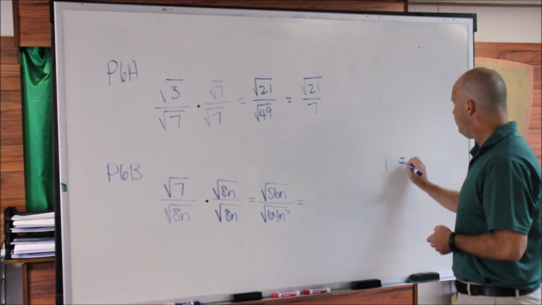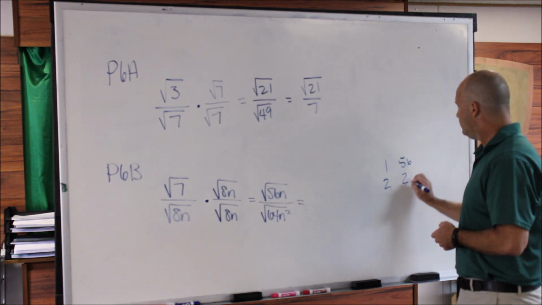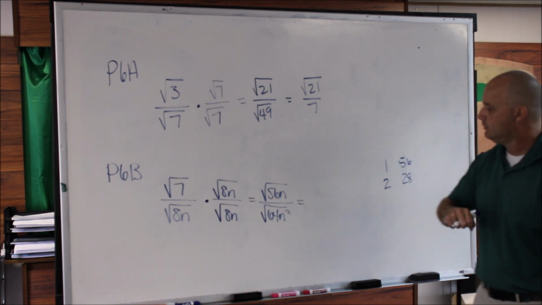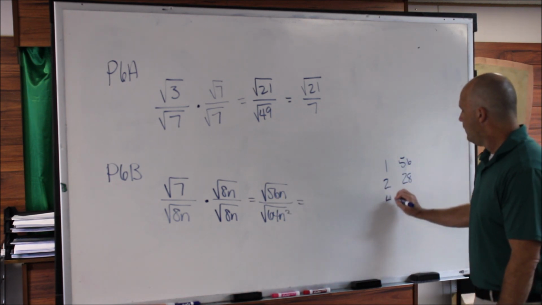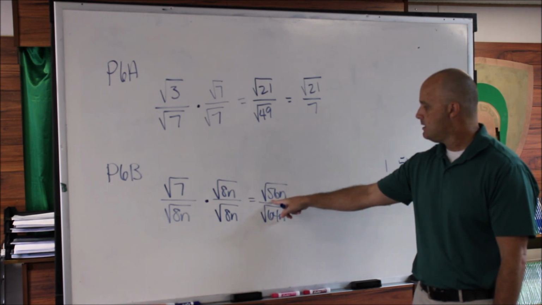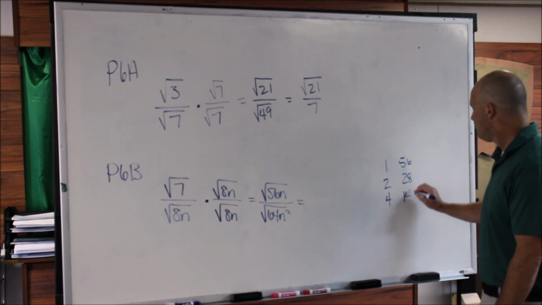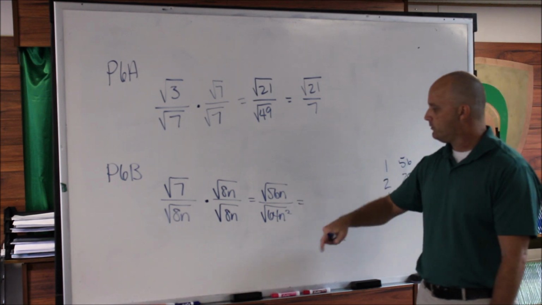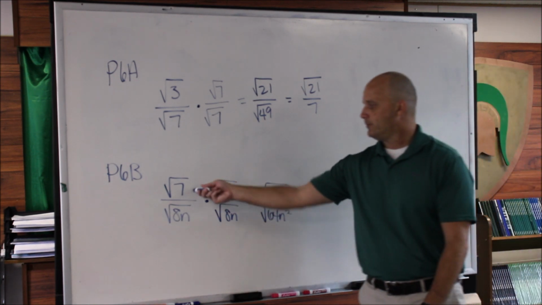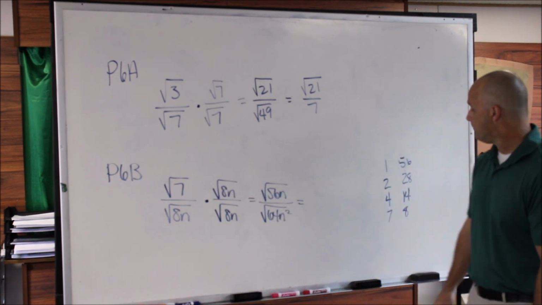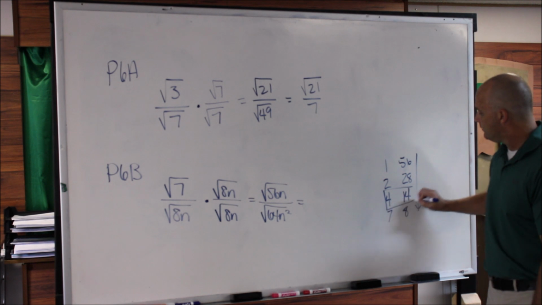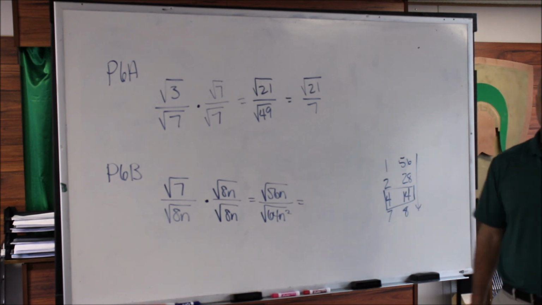So I go 1 and 56, 2 and 28, 3 will not go into 56, 4 will go into 56 14 times, 5 will not go into it, 6 will not go into it, and then I get 7 and 8, which were the factors that I originally multiplied together. So the biggest perfect square factor is actually going to be this 4 and then the 14 that goes with it.